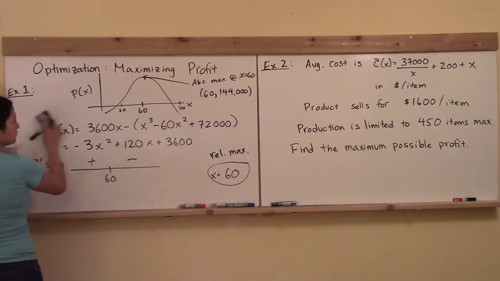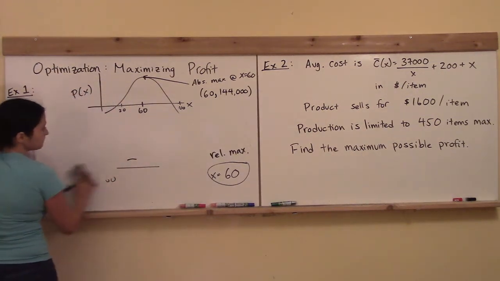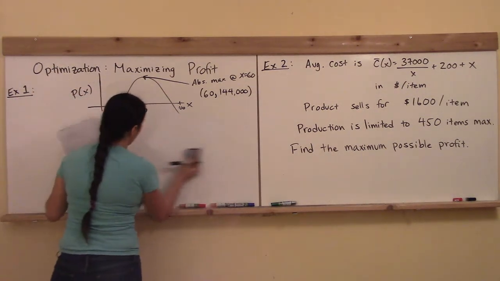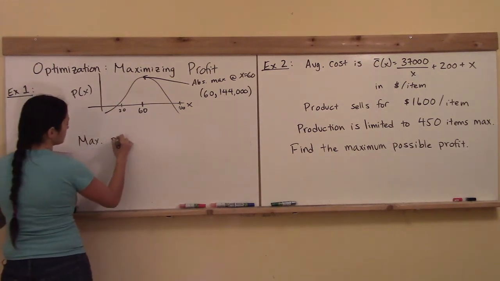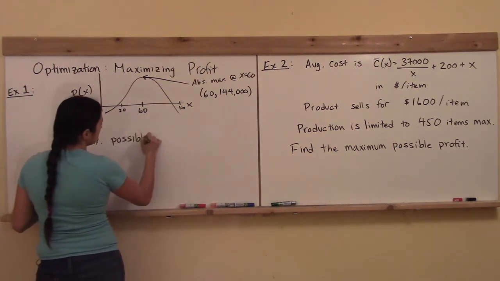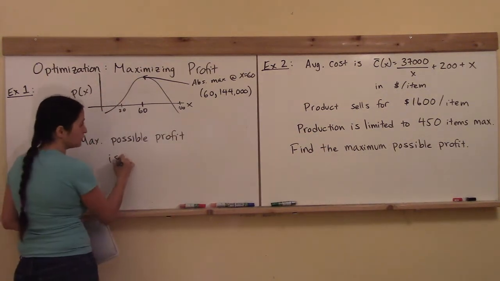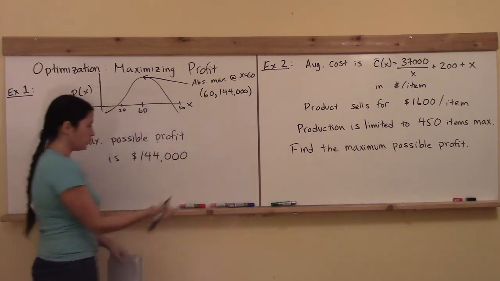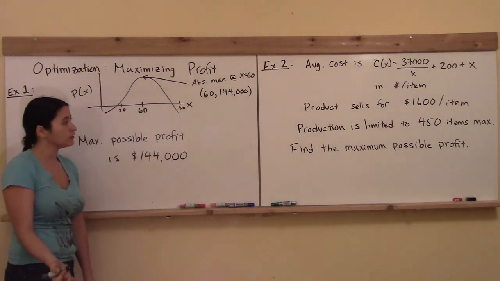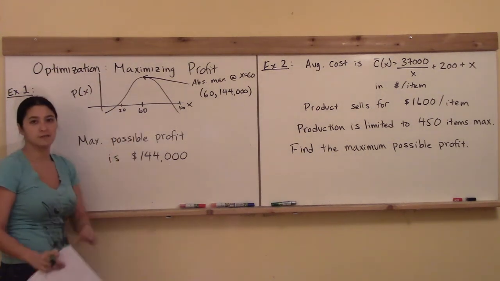Okay, so then my conclusion right there, and that's from plugging it into the profit function. And so my conclusion is that the absolute max possible profit, remember to answer whatever the question is that they gave you, is going to be the dollar amount, the Y amount, of $144,000, and that will occur when I'm making and selling 60 of these items.